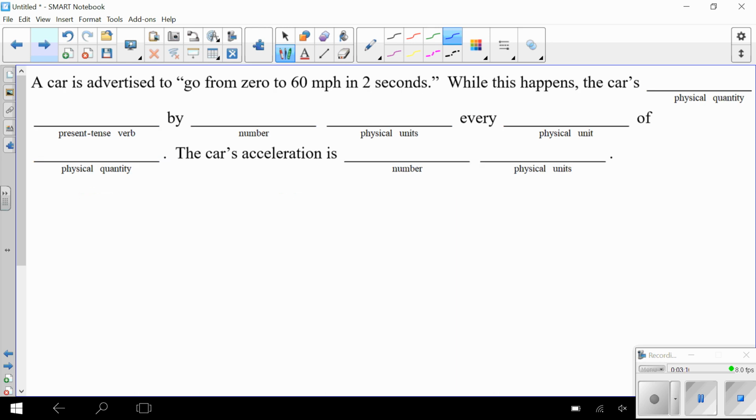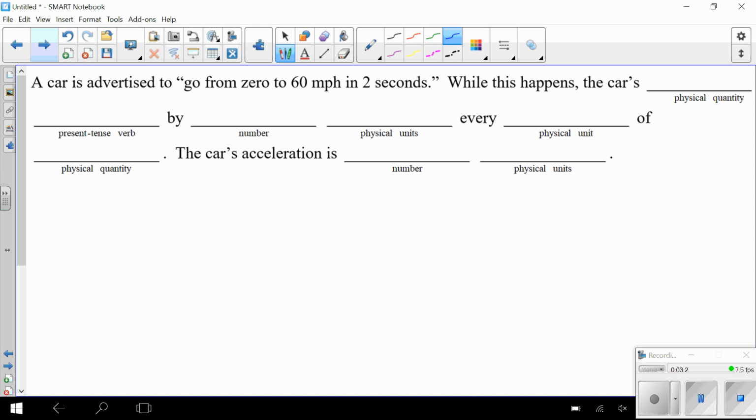This is a common one that you would probably see more in everyday life: accelerations with units like these. If you see a car commercial and it says it goes from 0 to 60 miles per hour in 2 seconds, what does that mean?